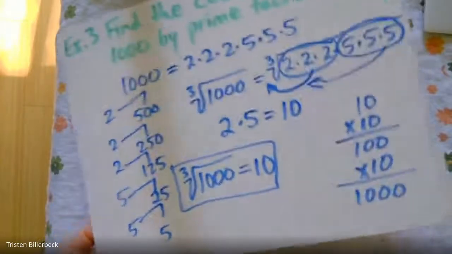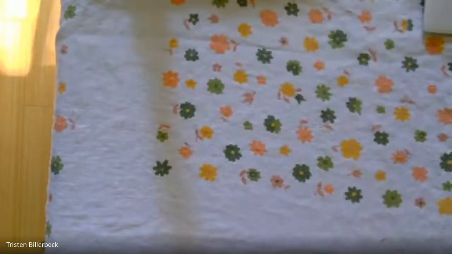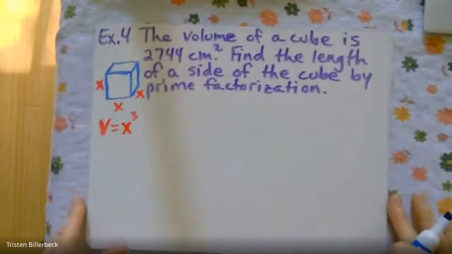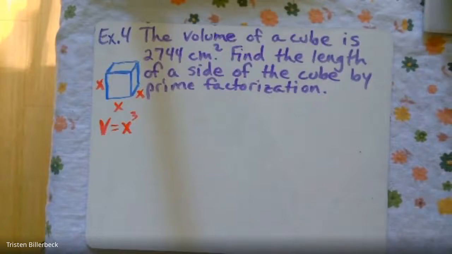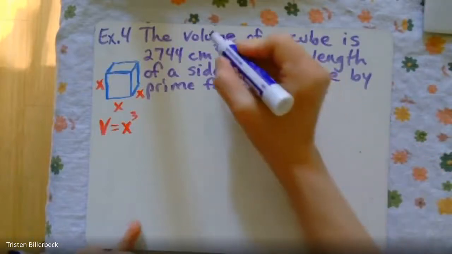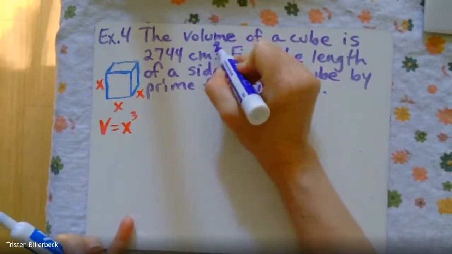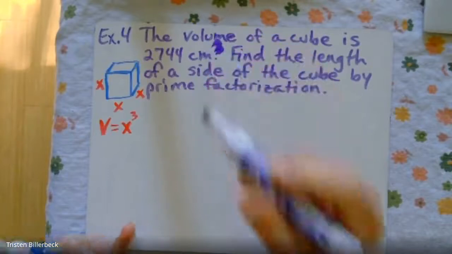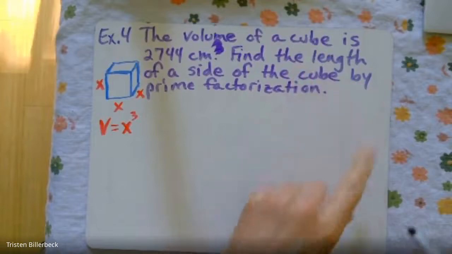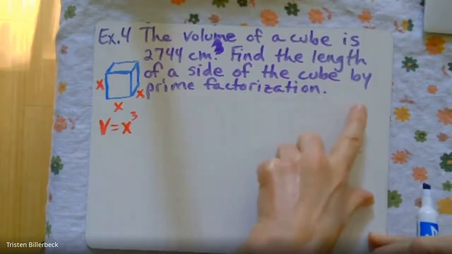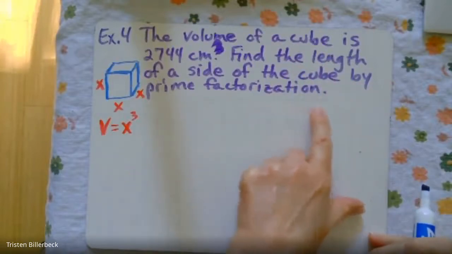All right, let's do the last one. So we have the volume of a cube now is 2,744 centimeters. Oh, it's the volume of the cube. You can't have a square here. It has to be a cube because it's volume. Okay, find the length of a side of the cube by prime factorization.